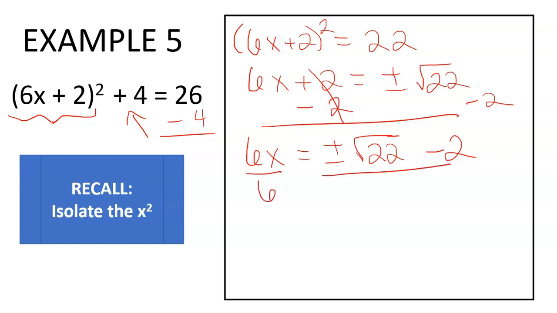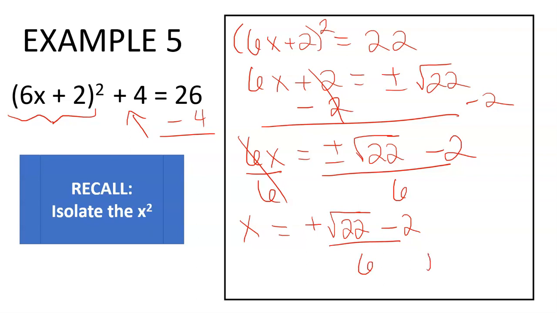So I'm going to divide both sides by 6. And I have x is equal to positive square root of 22 minus 2 over 6. And it's also equal to negative square root of 22 minus 2 over 6.